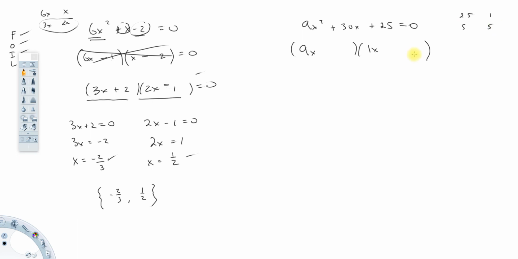Now, some things to note here. Let's just try this one. Things to note, everything is positive here. There's no minus sign here or in the middle. So 9x squared, now this gives me plus 45x. Plus 5 more, that's plus 50x. No good.